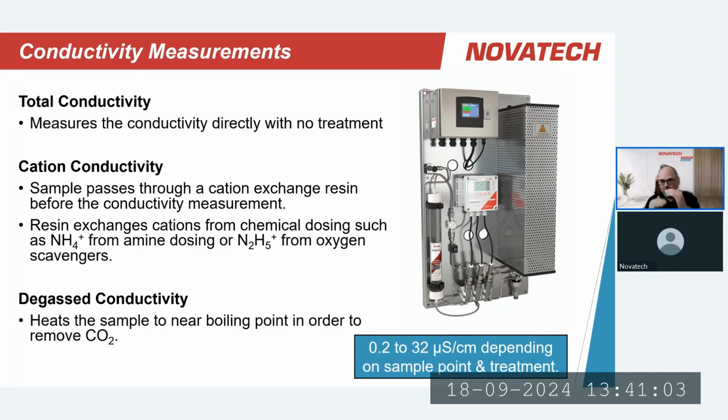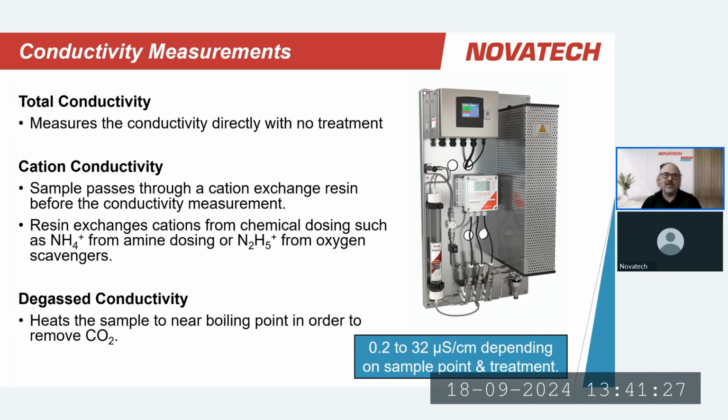And by doing a degas conductivity measurement, we get there sooner because we see the true number. Degas conductivity will always be lower than cation conductivity, which will always be lower than total conductivity. So you can see how measuring this number gets you there sooner because it's the one that is really representative of the contaminant level in the water.